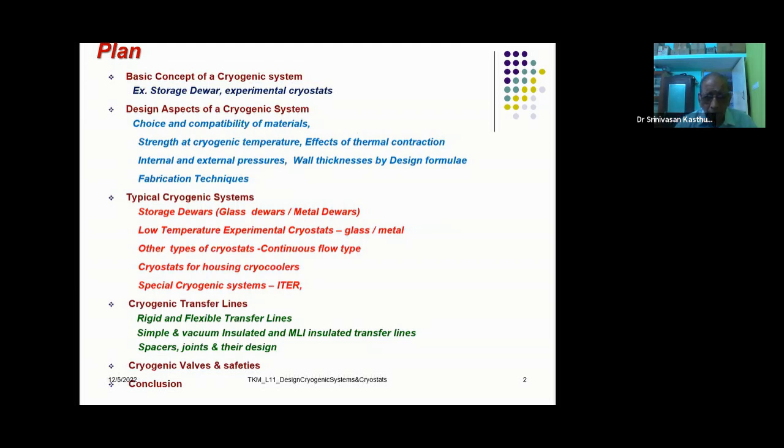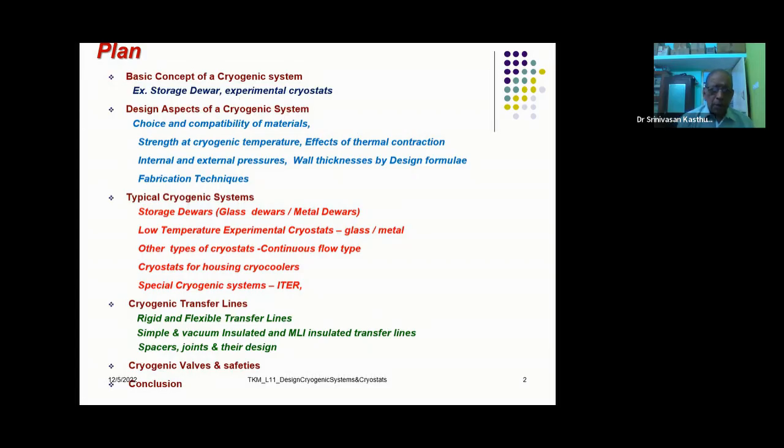What is the plan of this presentation? First of all, we will introduce the basic concept of a cryogenic system. Now, the cryogenic system, as you are aware, can be a storage device or it can be an experimental cryostat where you would perform low temperature experiments.